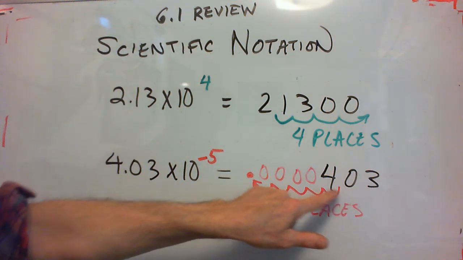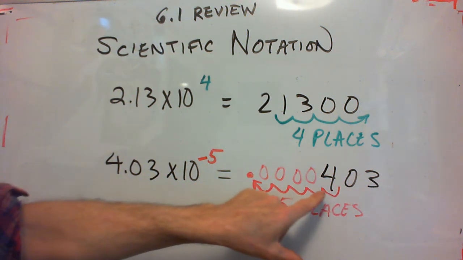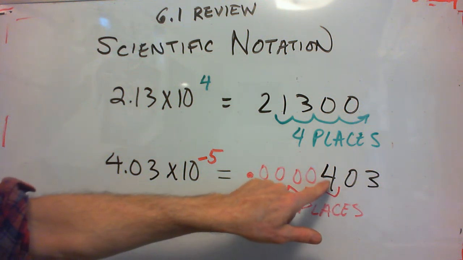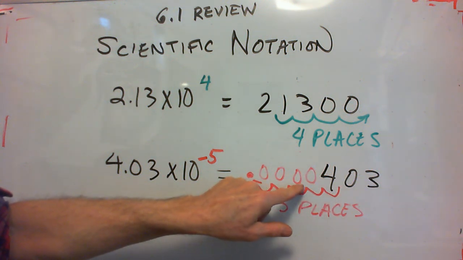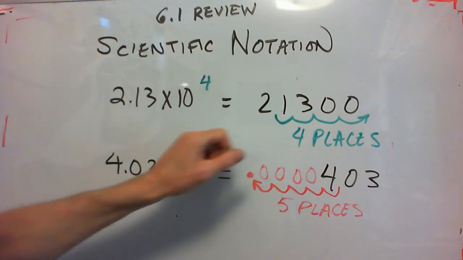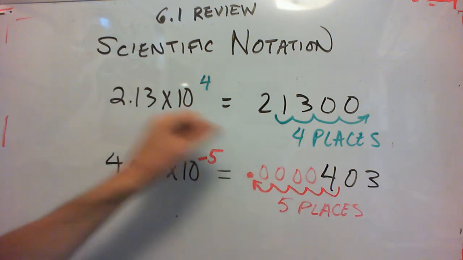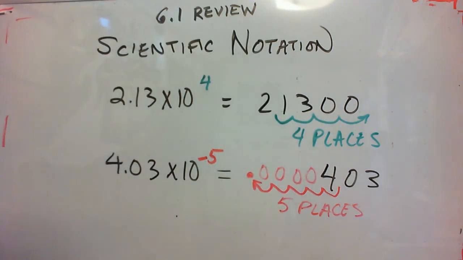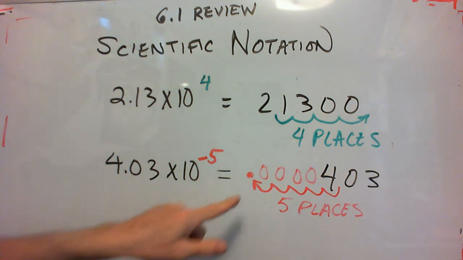We move the decimal point to the left to make it this small number, 5 places. Now here, to move it, we have to add placeholders, 0 placeholders. And in the first example, we had to add 0 placeholders as well.